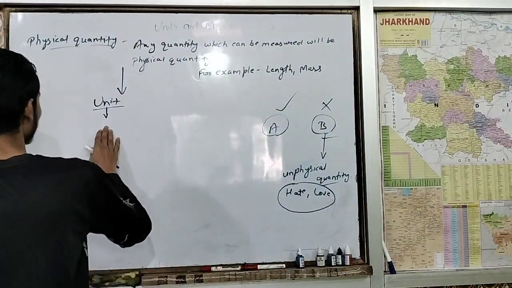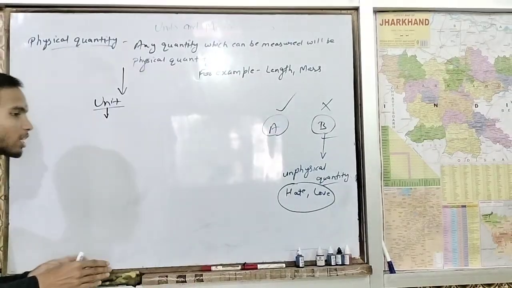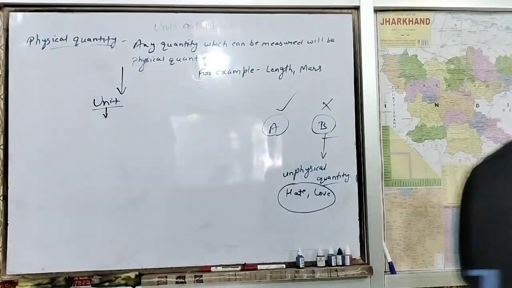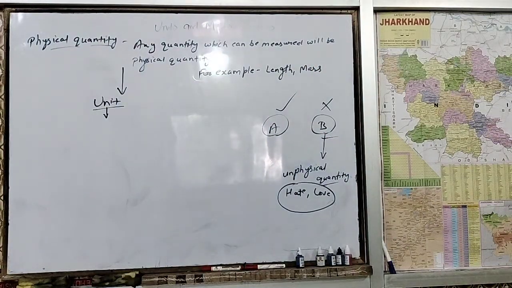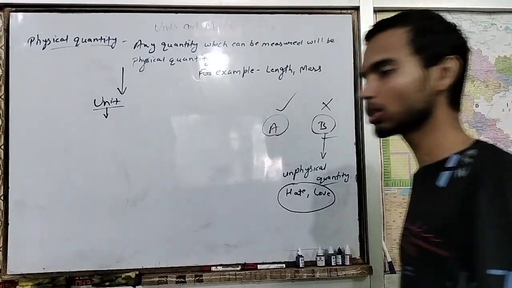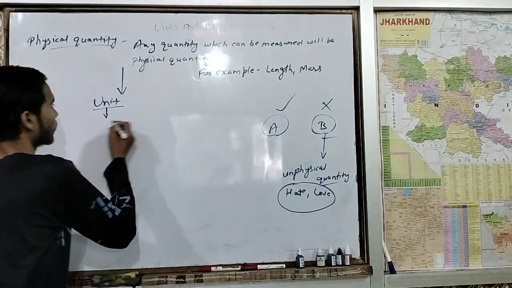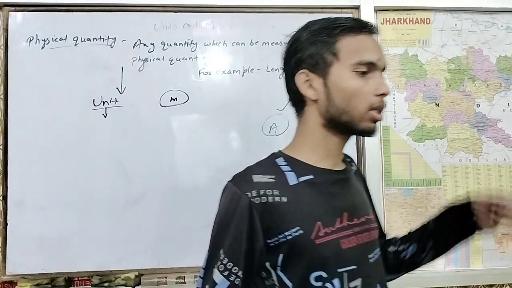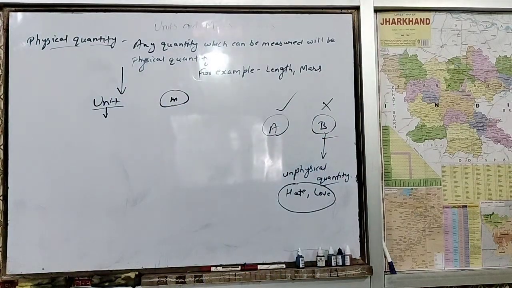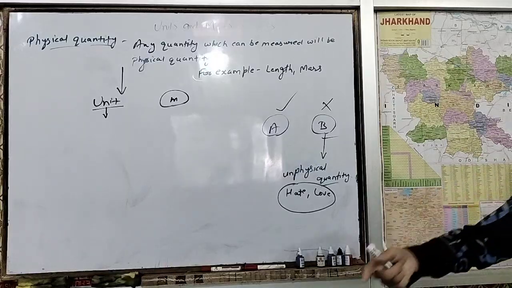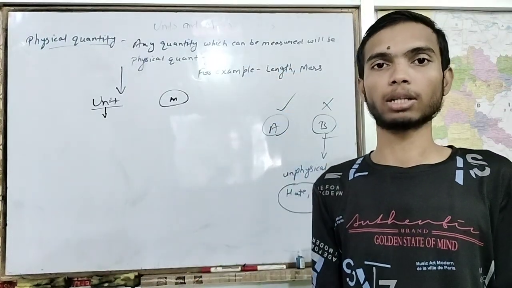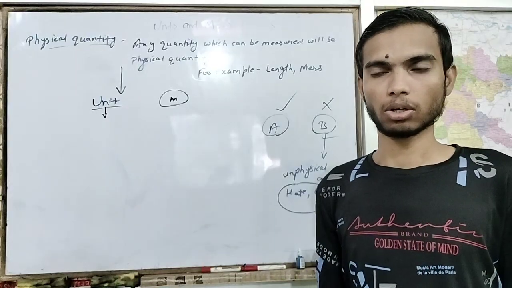It just tells you what you are measuring. For example, if you are measuring length, then the unit of length is meter. So when you write meter with a number, you are able to say that you are measuring the length of an object.